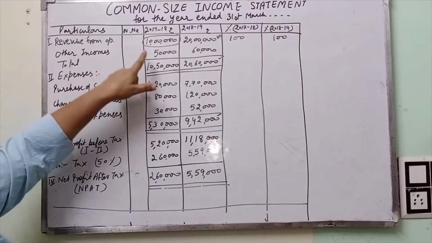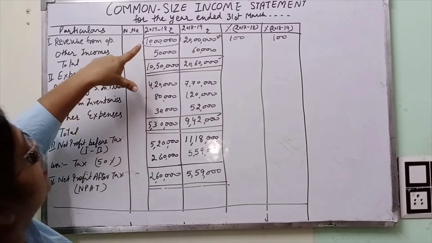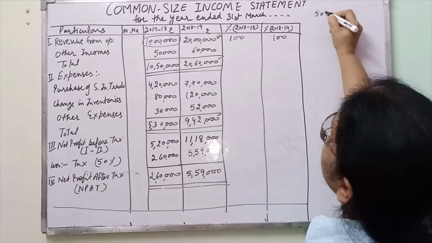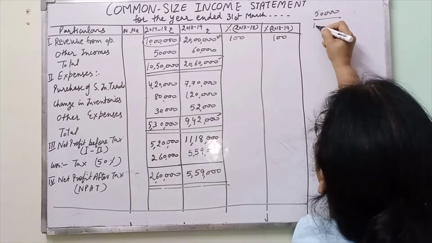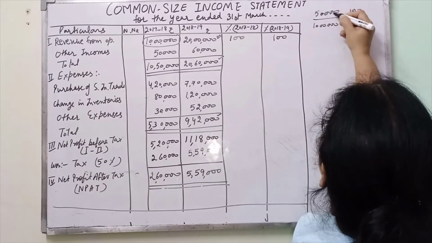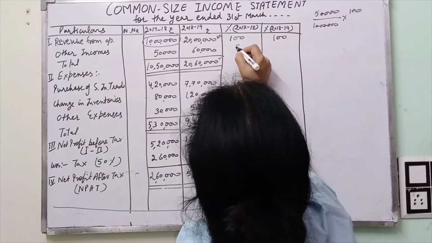So first of all, I am calculating for the previous year. How can we calculate percentage? 50,000 in case of other incomes, 50,000 divided by 10 lakh multiply by 100. It's 5%.